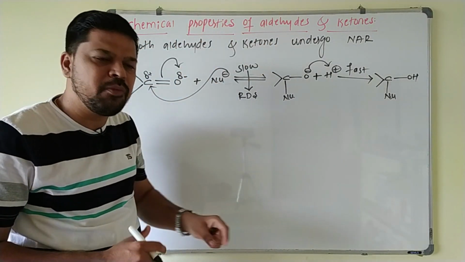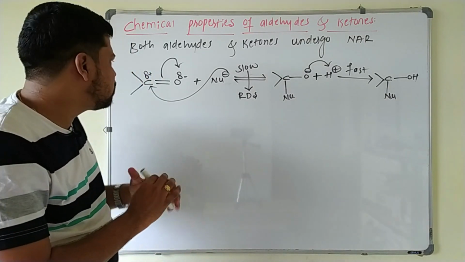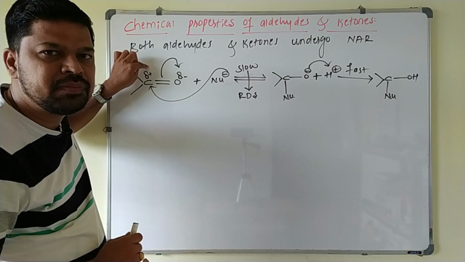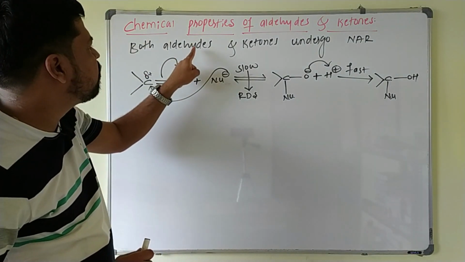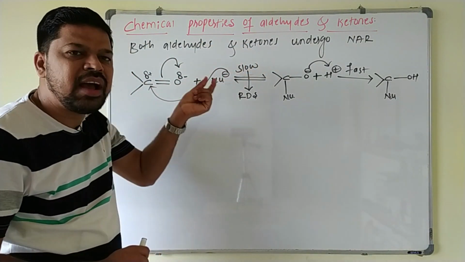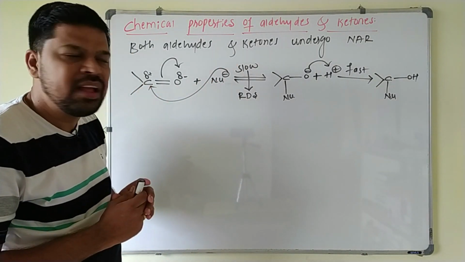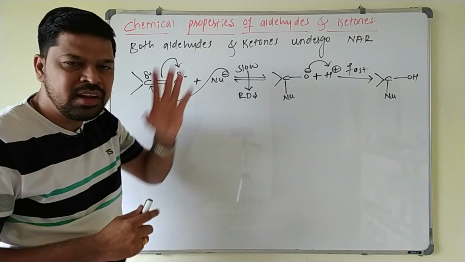This is a very important point you have to remember here. Anything that increases the positive charge density on the carbon atom increases the reactivity of both aldehydes and ketones. If the positive charge density on the carbon atom decreases, it cannot be easily attacked by the attacking nucleophile, then the reactivity of both aldehyde and ketone decreases here.